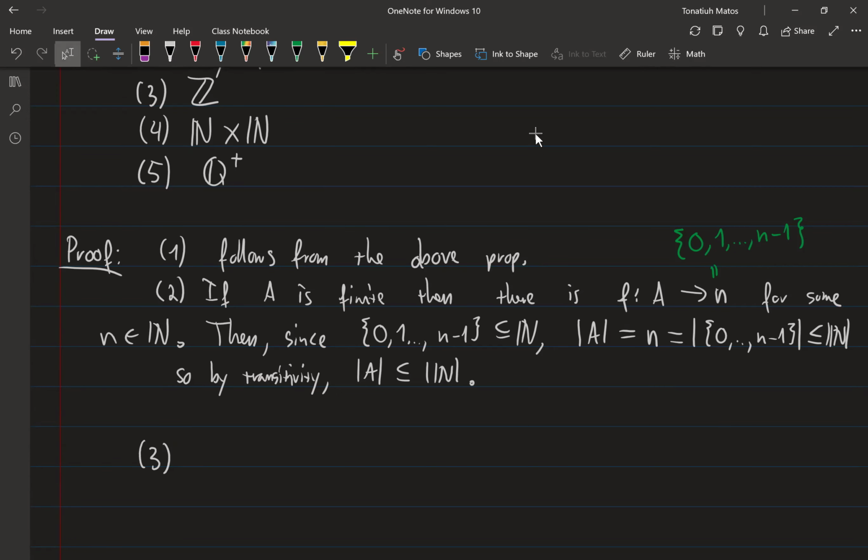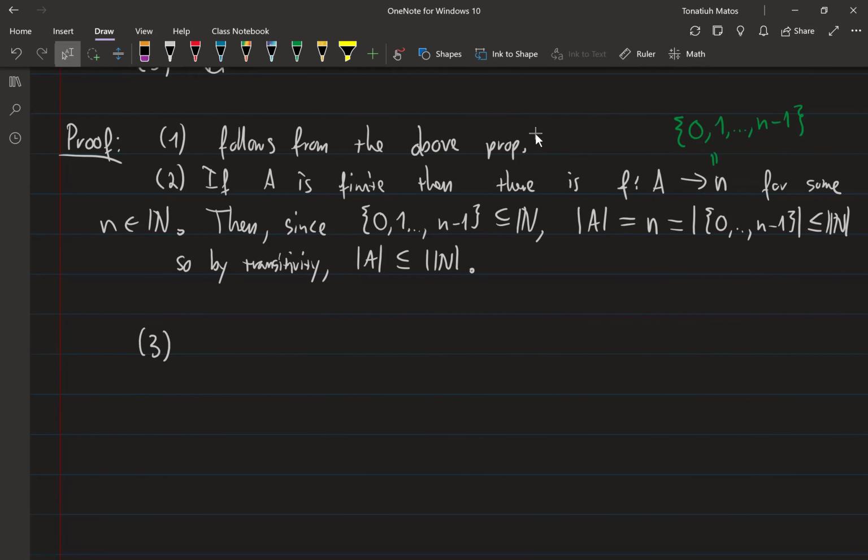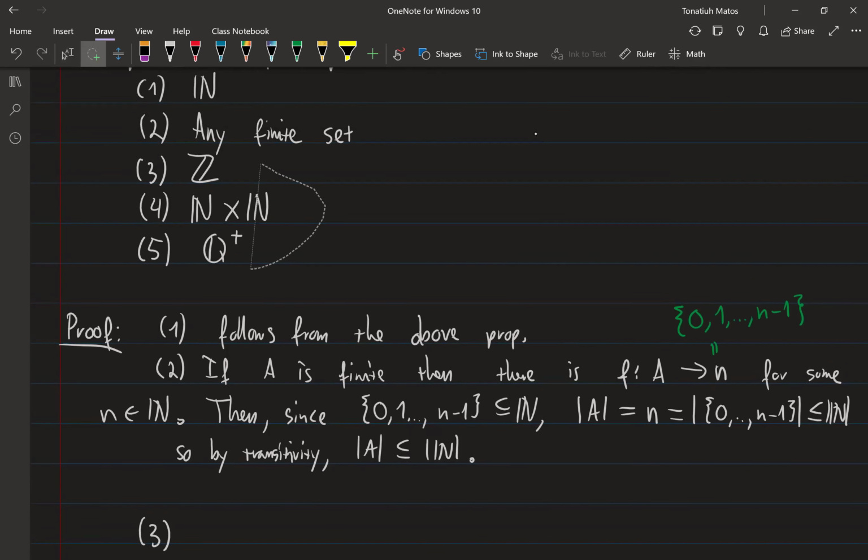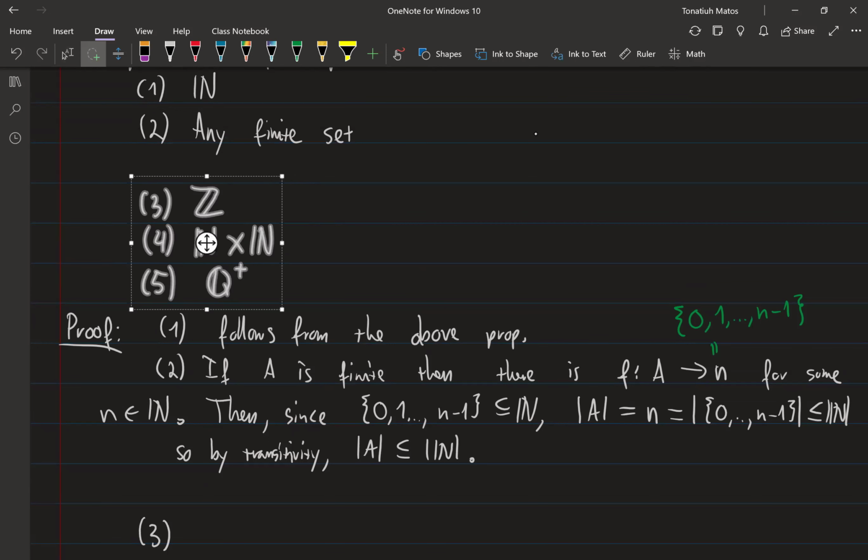Okay. Why are the integers countable? This seems counterintuitive. You know what? Let me add one more intermediate step so that we can go very, very slowly with this. So 3, 4, 5, 6.